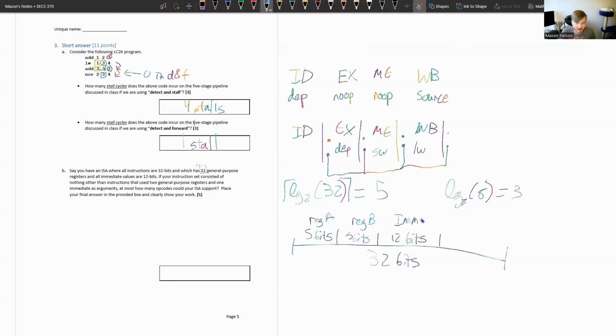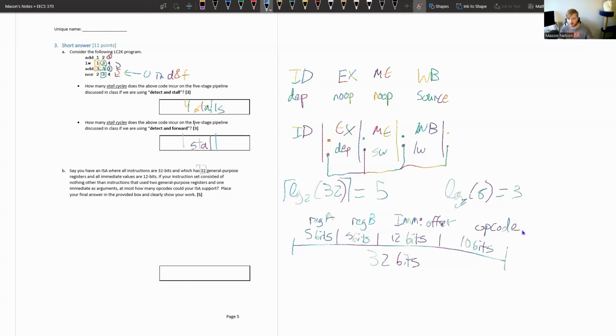Our immediate could be like an offset. Whatever is left, we can use for opcodes. So let's see, 32 minus 5 minus 5 minus 12 gets us 10 bits left. And so we can use all these 10 bits for our opcode.